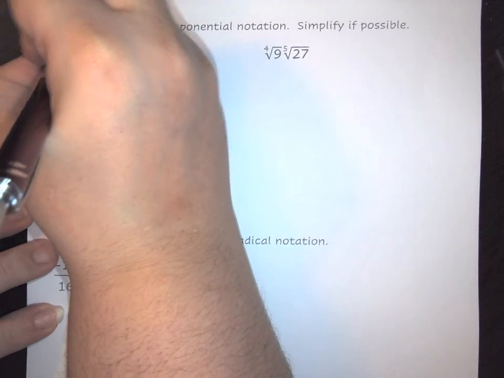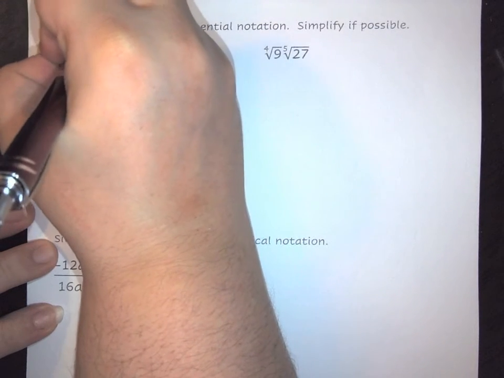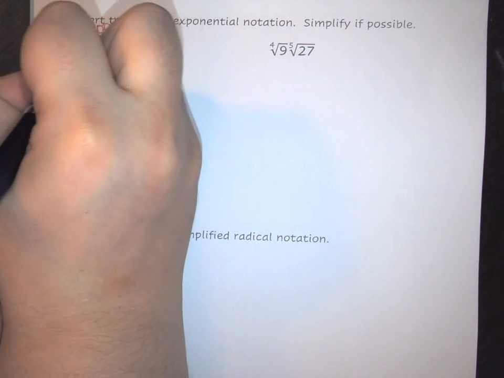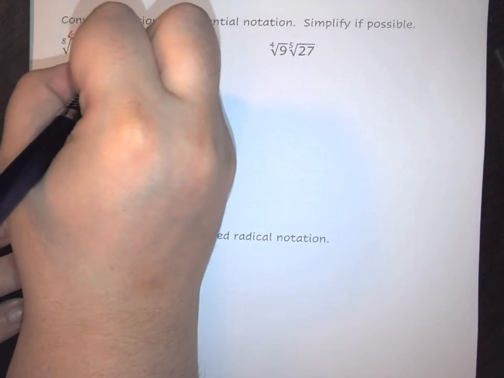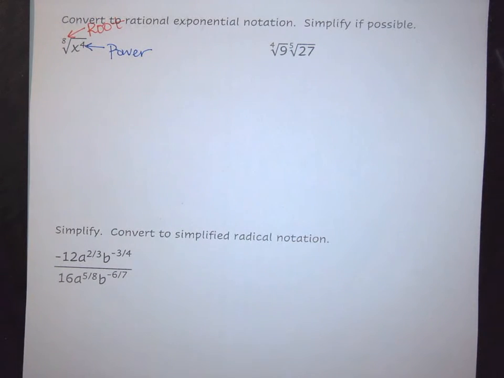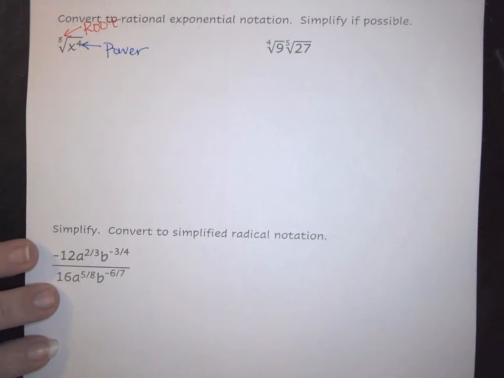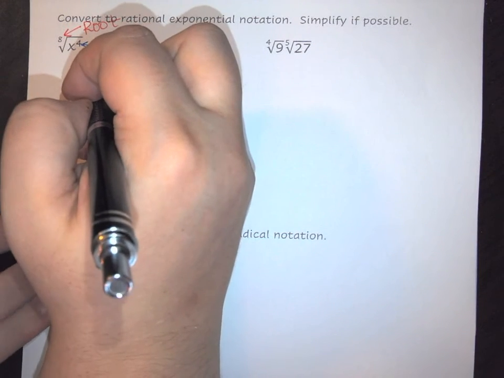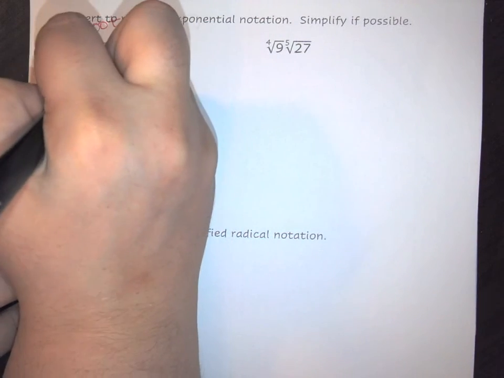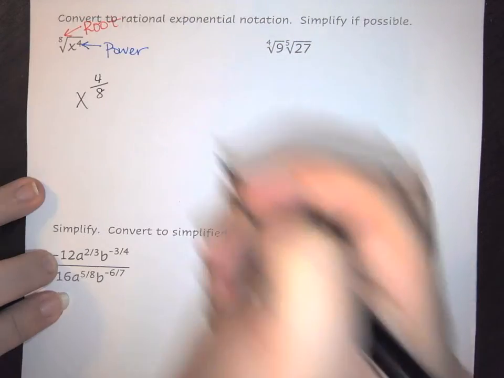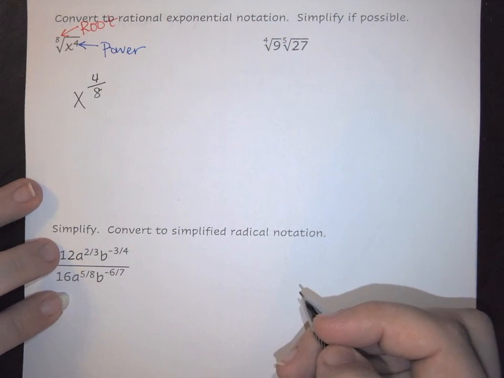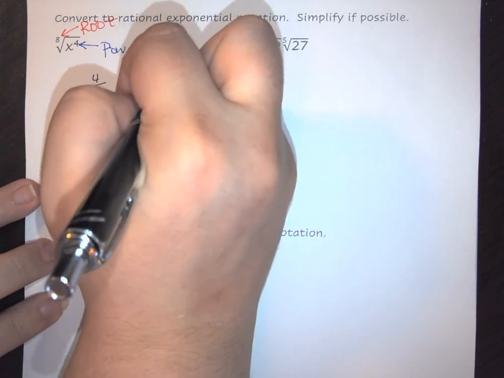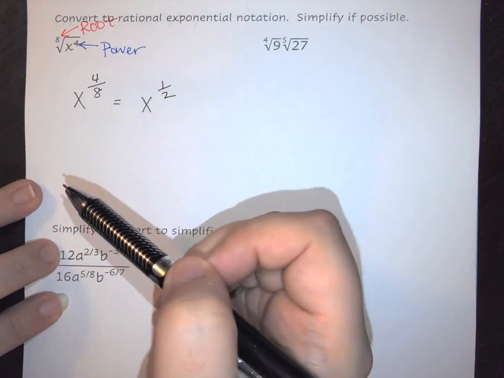So the 8 right here is the root, your 4 right here is your power. When we talk about a rational exponent, we always remember that it's power over root. And so here this would become x to the 4 over 8, but then you always want to reduce, which says that this is really going to become x to the 1/2, because 4 over 8 reduces to 1/2.